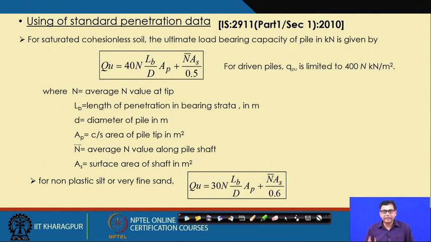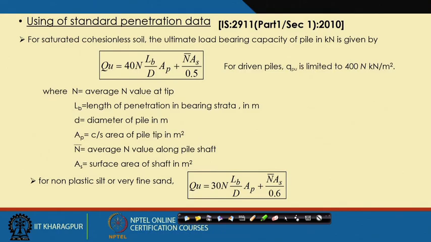And this way I have discussed 4 methods: the static equations, the pile load test, then the dynamic equation, and then the penetration correlations, that is, the SCPT and the SPT values. And all the equations or correlations are given for driven pile.